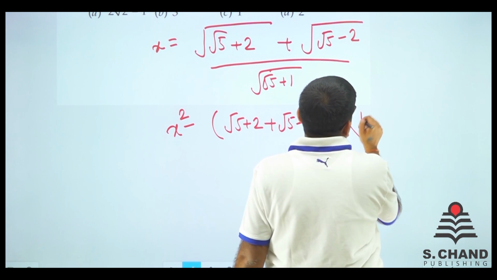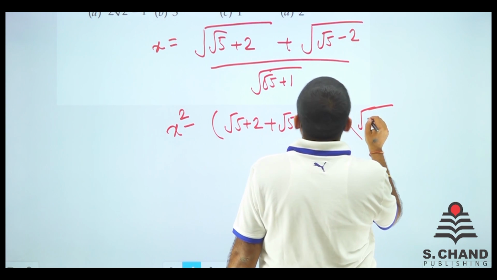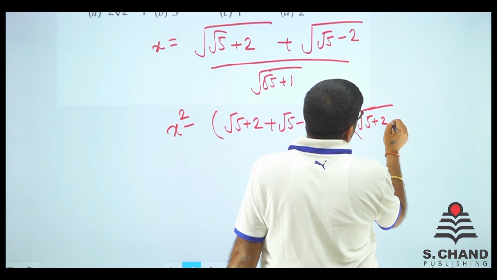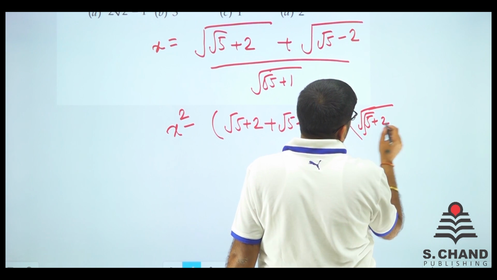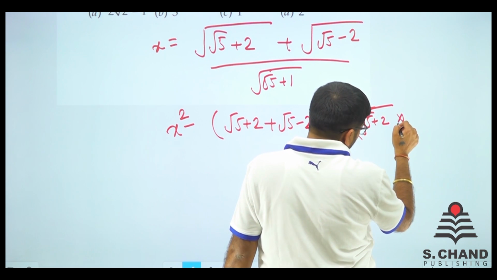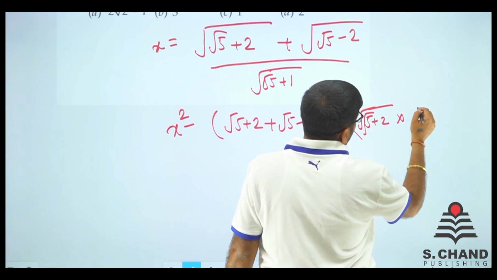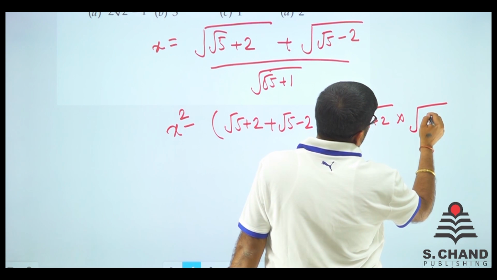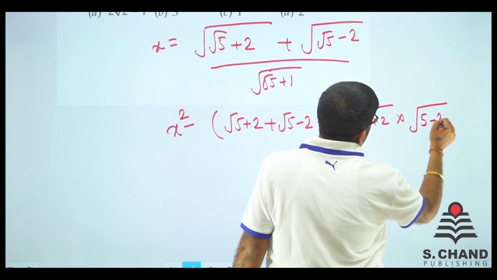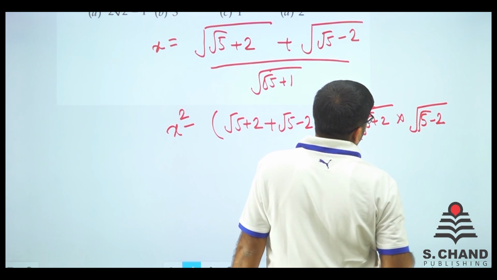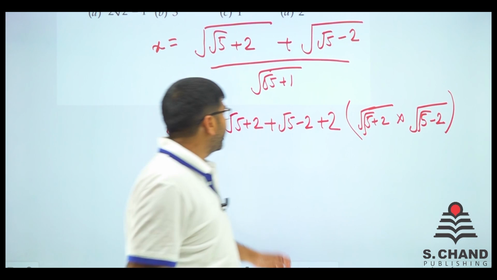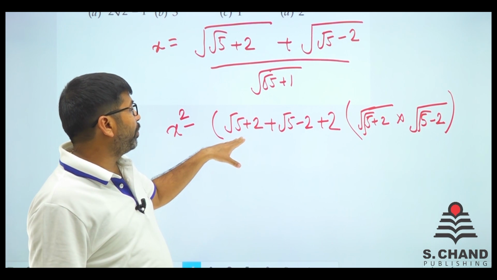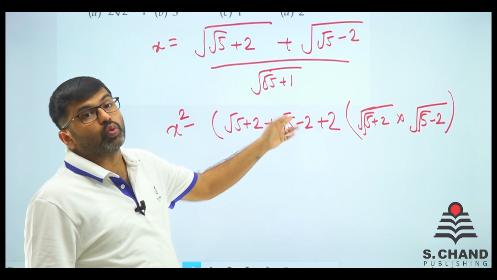So what exactly is it? 2 into root of (root 5 plus 2) into root of (root 5 minus 2), that is, root 5 plus 2 and root 5 minus 2, plus 2ab.